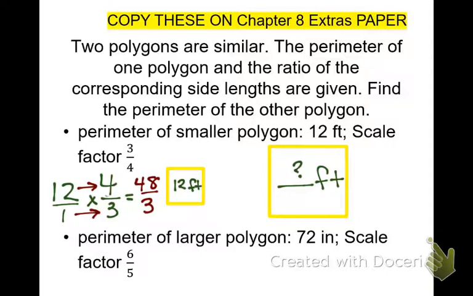Does 48 over 3 reduce? It does. To 16. So your answer is going to be 16 feet. So hopefully it would have raised a red flag if you got a number smaller. That would not make sense for a larger figure to have a smaller perimeter.